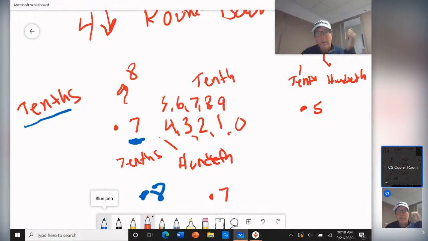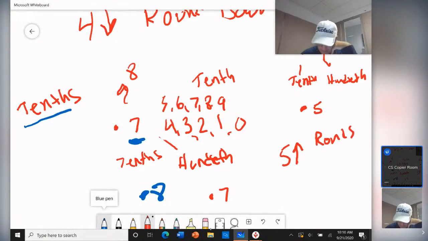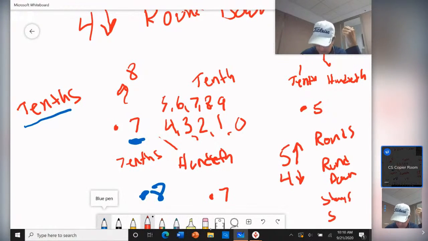Okay. So just keep in mind, the biggest thing to remember is 5 or greater, you round up. 4 or less, it's a round down or stays the same.